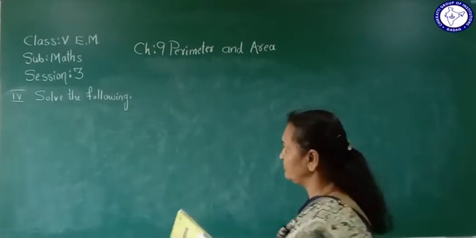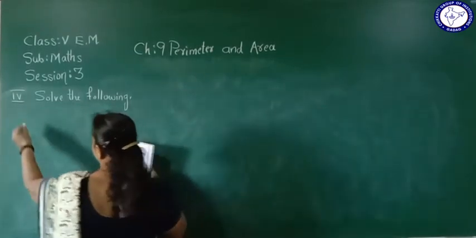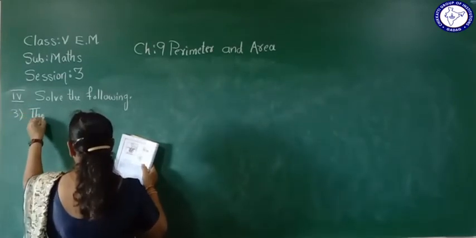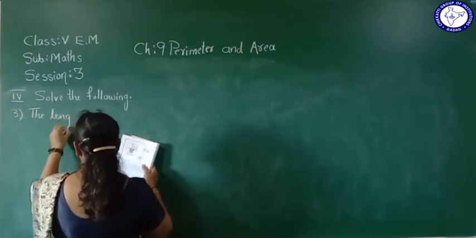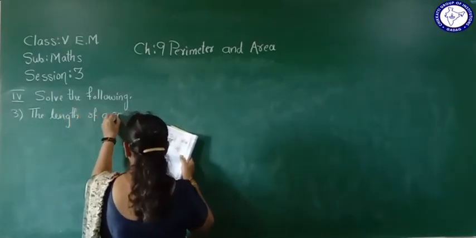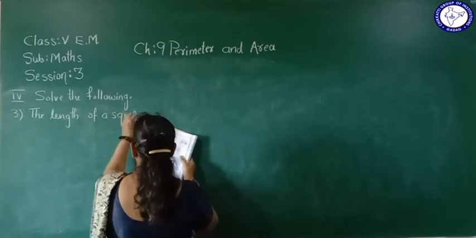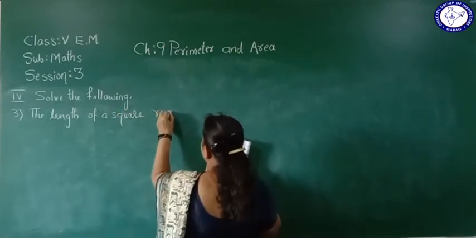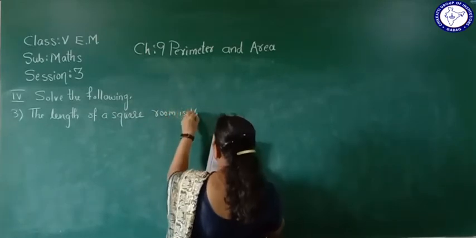Third question. The length of a square room is 16 meters.